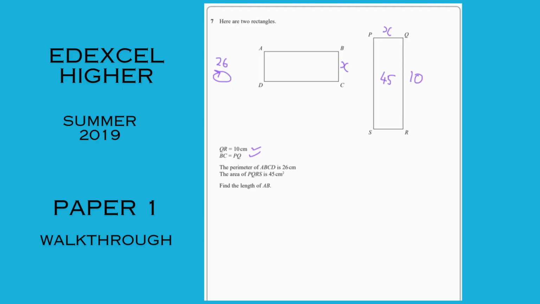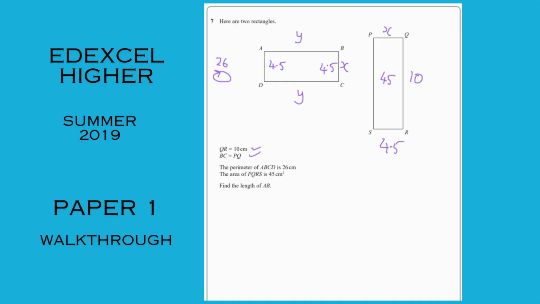Area divided by length will give you width. That's 4.5. Take that across. That means these are 4.5 as well. So, AB, don't know how big it is. Let's call it a different letter.